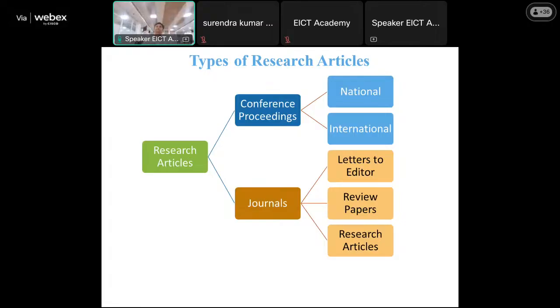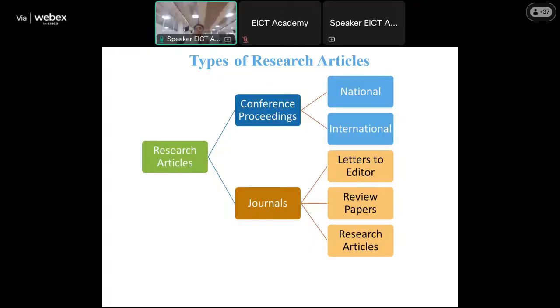Most of the time in a journal, 80 to 90% of submissions are research articles. If a special issue is proposed, that is also one kind of research article, since the special session pertains to one particular theme and we expect a research article for that theme.